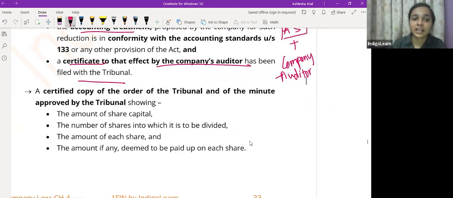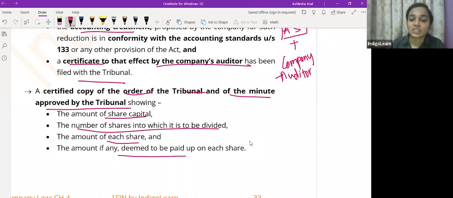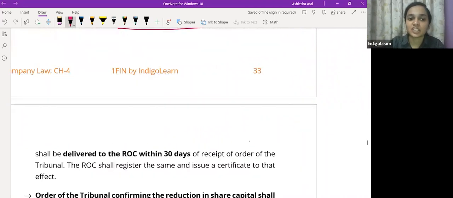Then, a certified copy of the order of the tribunal and of the minute approved by the tribunal showing the amount of share capital, number of shares into which the capital is divided, amount of each share, and amount which is deemed to be paid upon each share, जो भी basically changes हो रहे हैं.